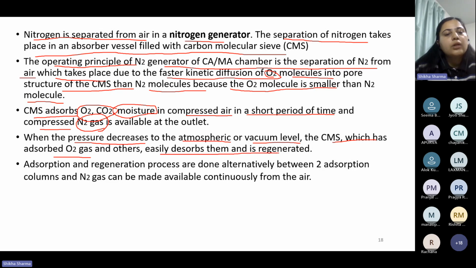It can be reused again, because when we change the pressure, the oxygen or other gas entrapped in the carbon molecular sieves goes out and the CMS can be used again. So adsorption and regeneration processes are done alternately between two adsorption columns, and nitrogen gas can be made available continuously from the air.